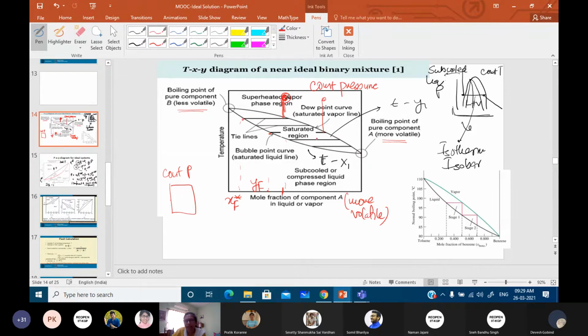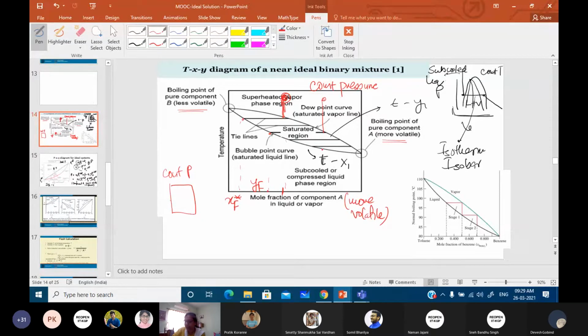So this is the second thing that you need to remember, that for the case of single component systems, the change of phase occurs at a constant temperature and a constant pressure, or in other words, the saturated curve is an isotherm and an isobar. Whereas in case of binary mixtures or any multi-component mixtures where there are more than one component, the change of phase is an isobar.